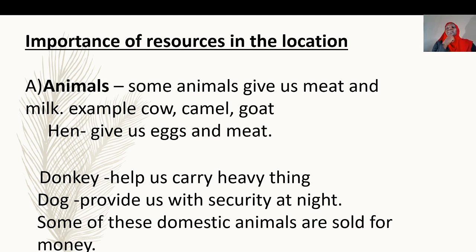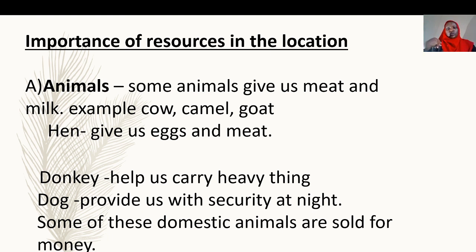Some of these domestic animals are sold for money. Maybe you need money to do something. Maybe your child is sick and you want to take your child to the hospital, and you don't have the money. What are you going to do? You have your cow, you have your goat. You sell one of your goats, you get the money, and you take your child to the hospital. Or maybe a parent wants to pay the school fees for the kid.